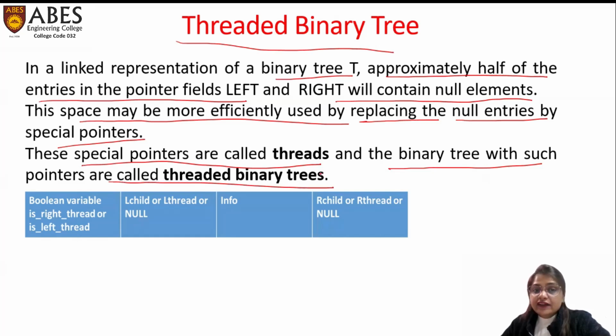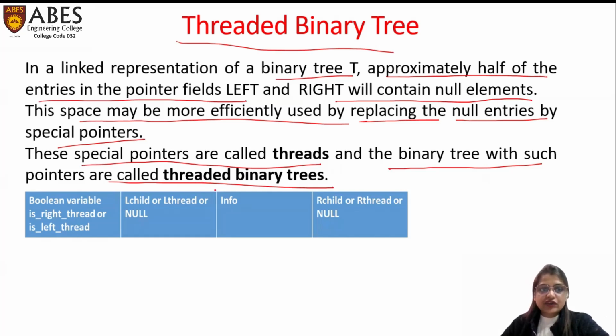What is the utilization of this threaded binary tree? The main use of a threaded binary tree is to make the traversal procedure fast. If I want to efficiently traverse a binary tree, then we can utilize the concept of threading.